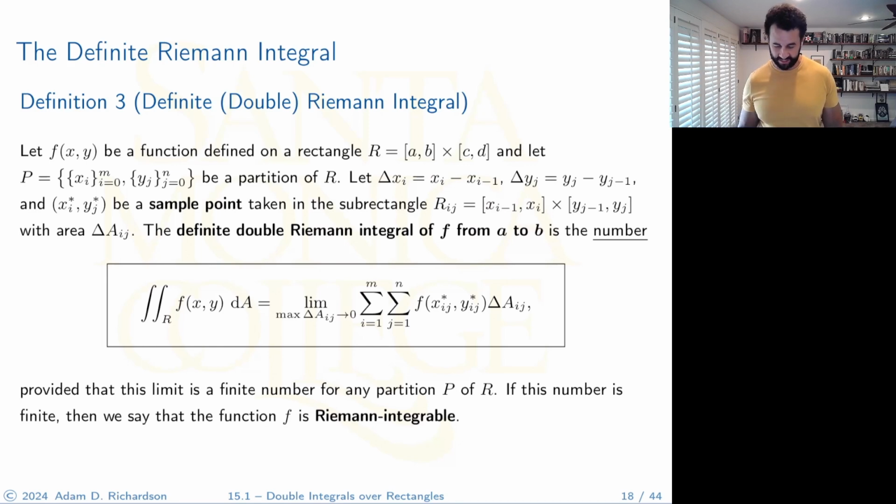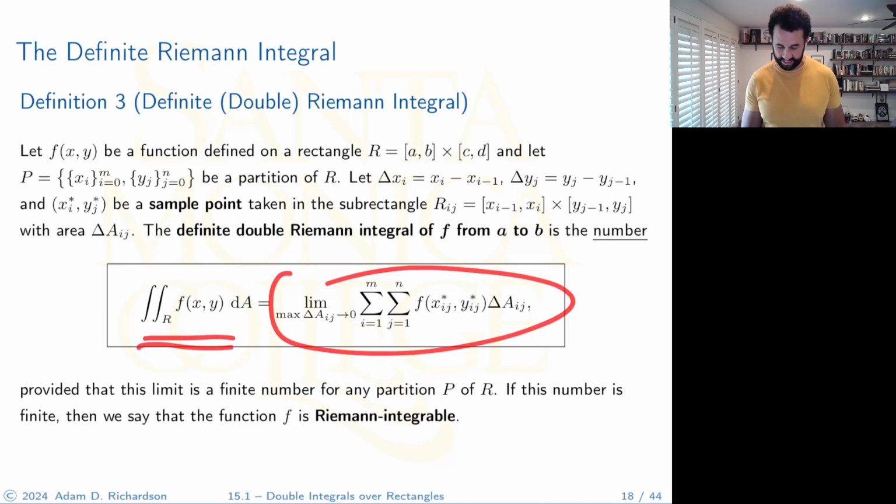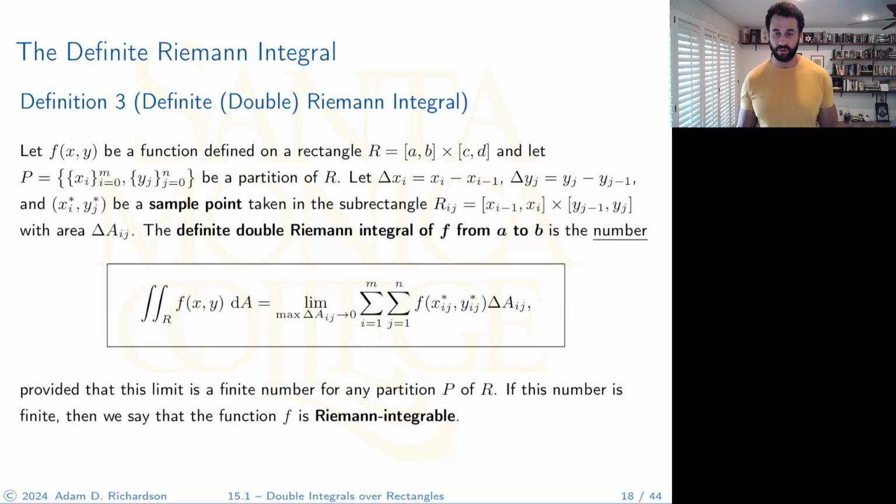It's just nice when it is. Provided this limit exists, this is how we define the double Riemann integral over R. This has to be true for any partition P of R, and if this number is finite, then we say that f is Riemann integrable. This is the technical definition of the double Riemann integral.